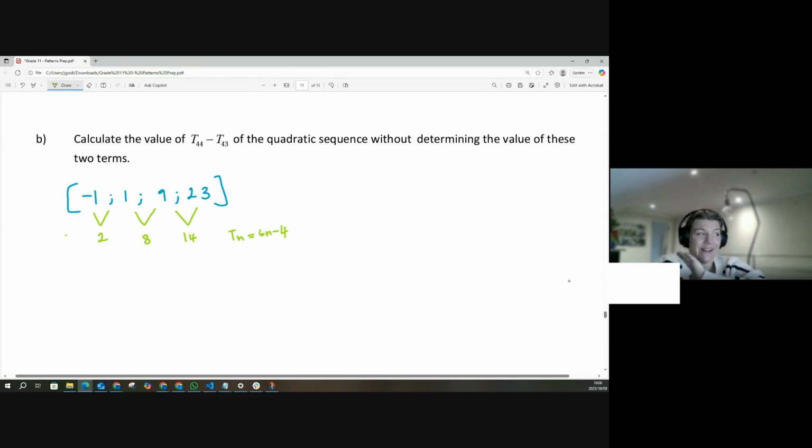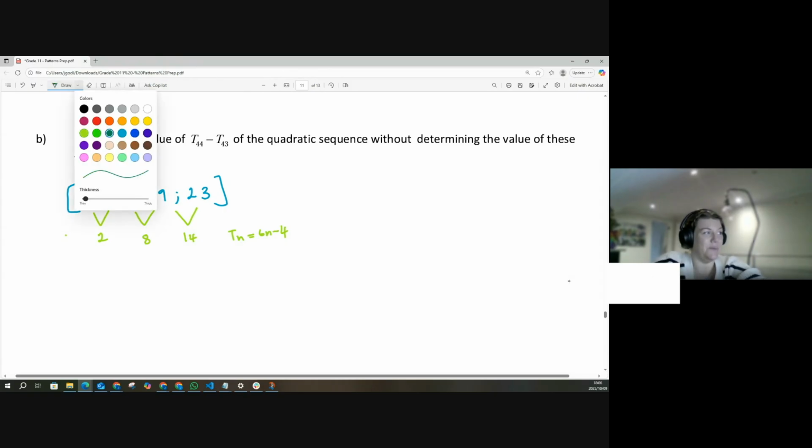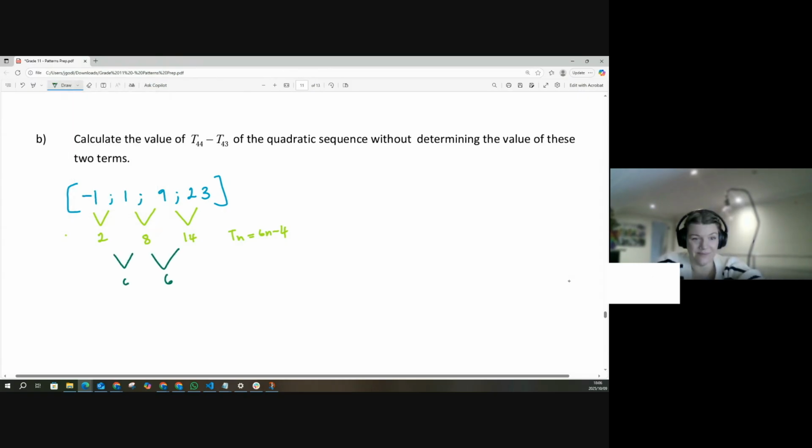And then we know that our second difference is going to be 6. But the key here is to do it without determining the value of these terms.